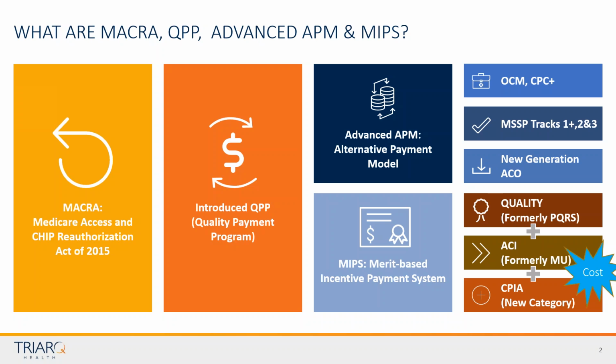Most of you land in the MIPS world, which means you are going to participate via the 3 performance categories: quality, advancing care information, and clinical practice improvement activities. We've got a little Batman POW there that says cost on it.